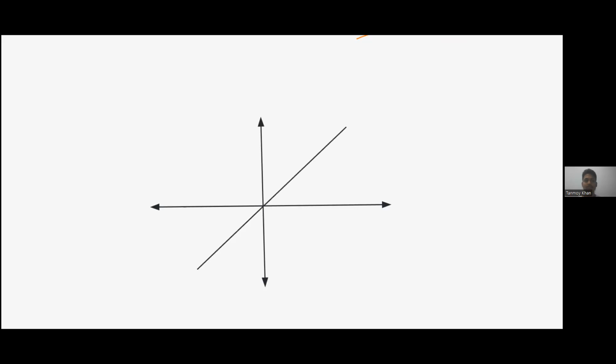Let's say this is your x is equal to 1, and this is your x is equal to minus 1.